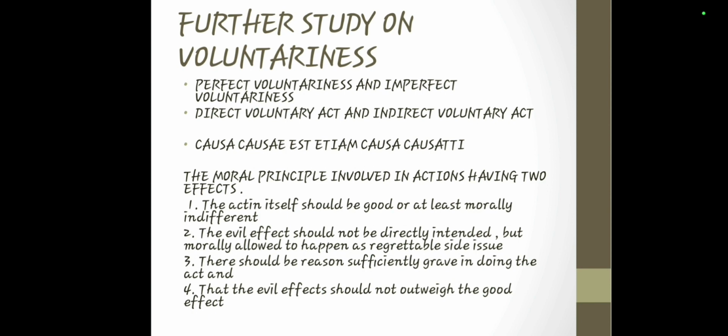While imperfect voluntariness is defined as no perfect knowledge, nor consent, or when either or both knowledge or consent is partial. So meaning to say, the difference between perfect and imperfect: perfect is you have full knowledge and you are accountable because you have consent with your action.